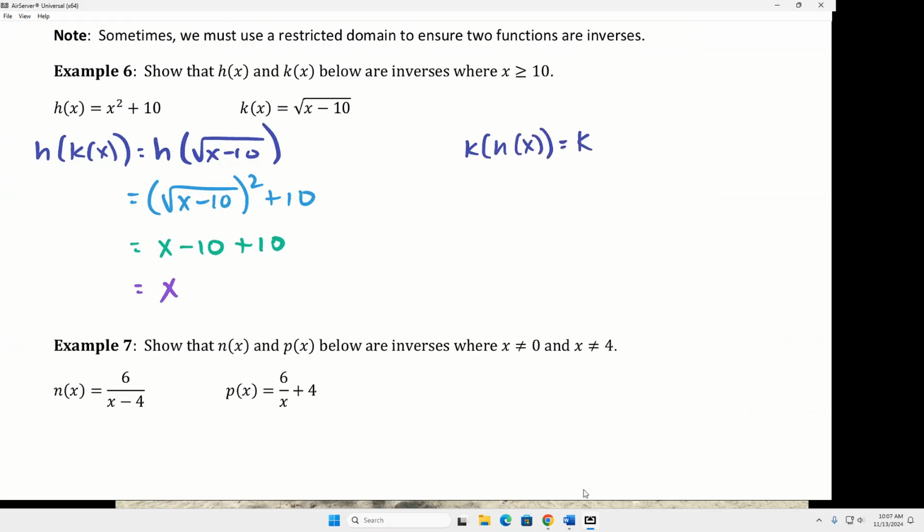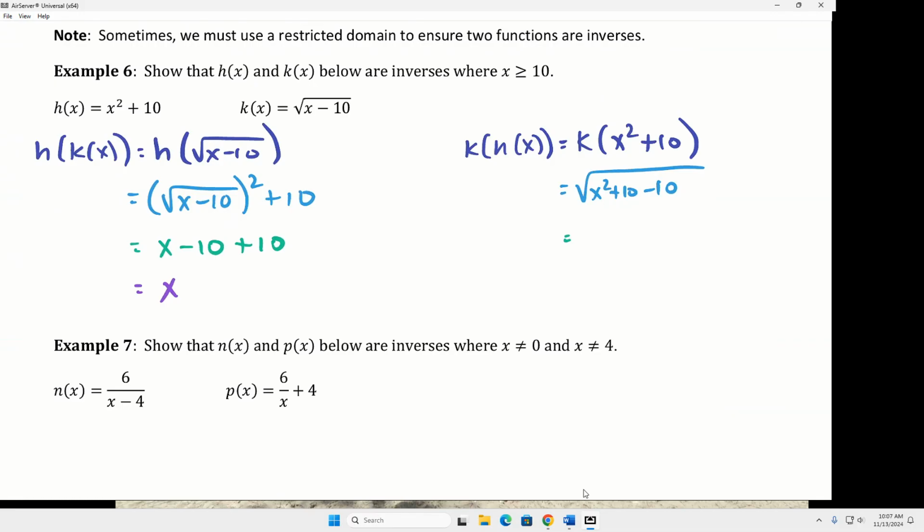Okay, and then to absolutely verify it, you have to show it both ways. So we have to put h inside k. So what would you guys do first?